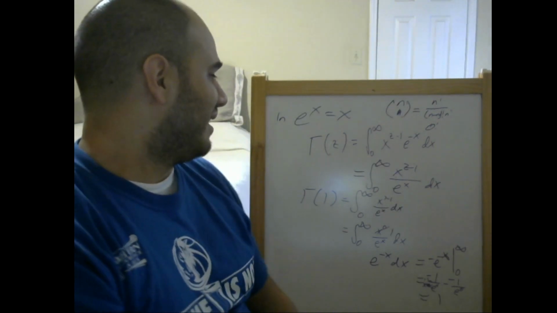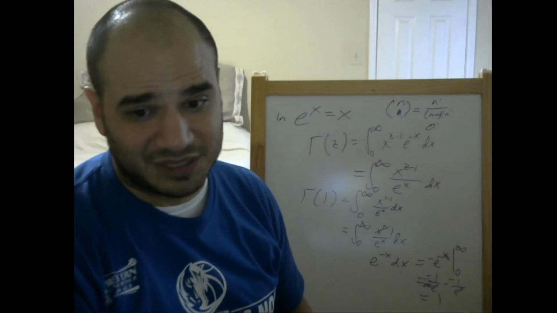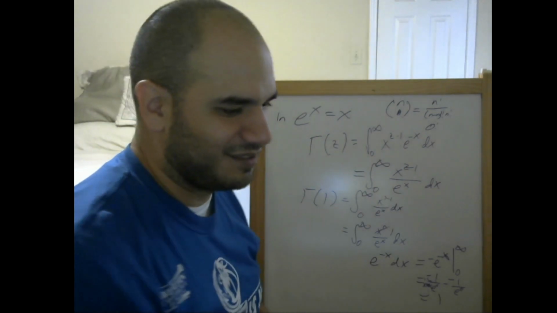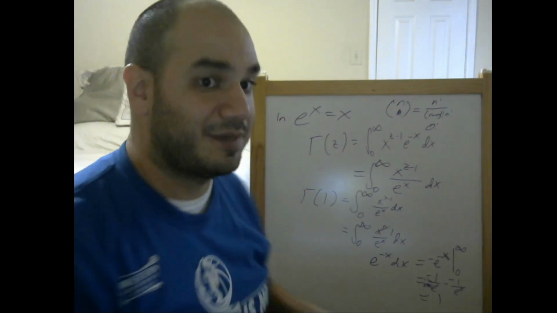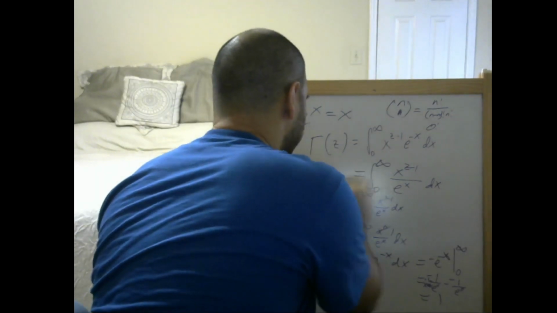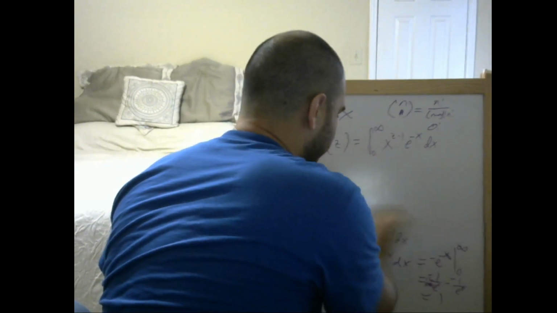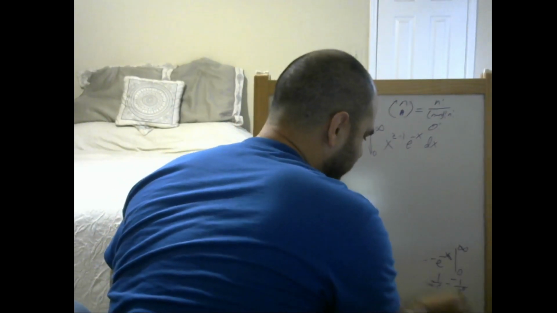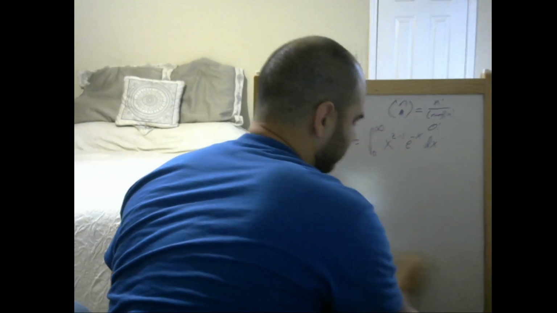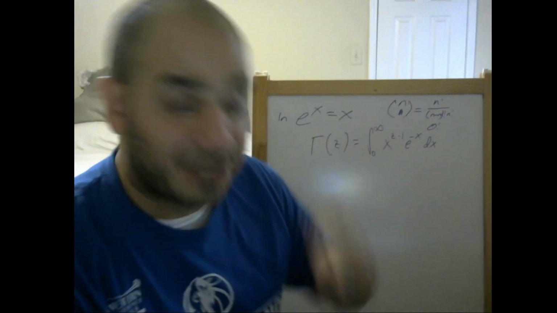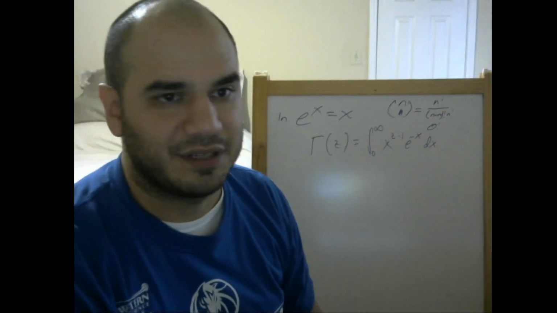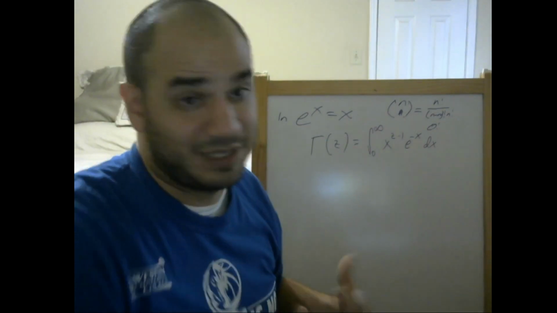So how do we get the functional relationship from this? Okay, well, that's done by integration by parts. So whenever we're taking the derivative of a product, we have the product rule.